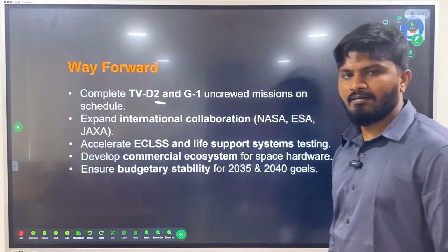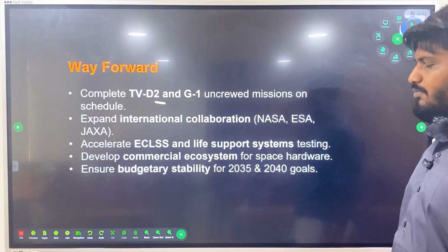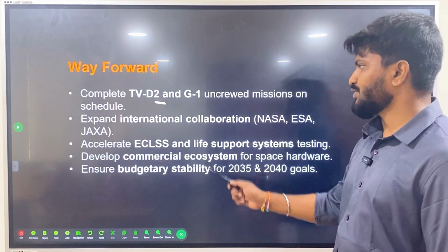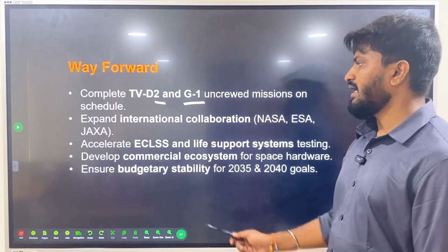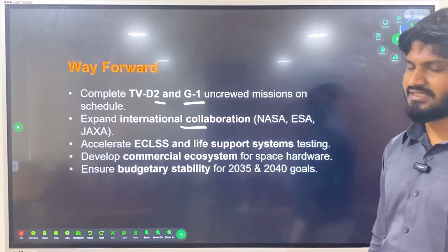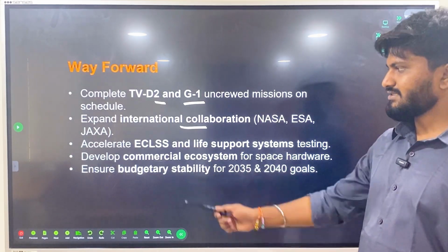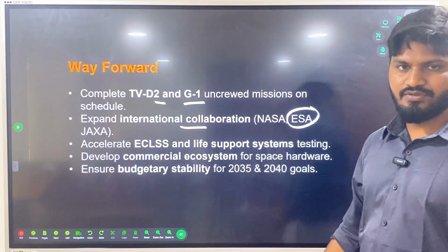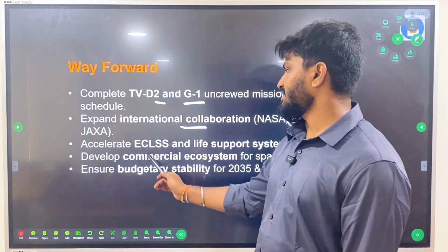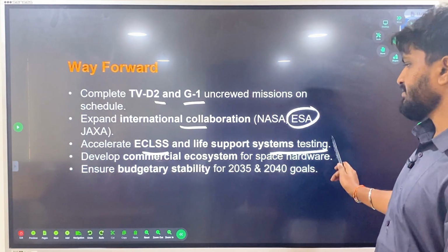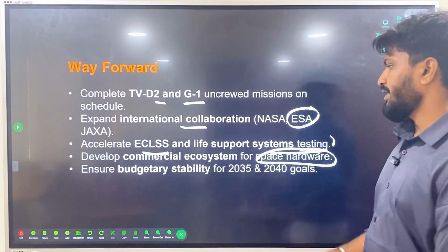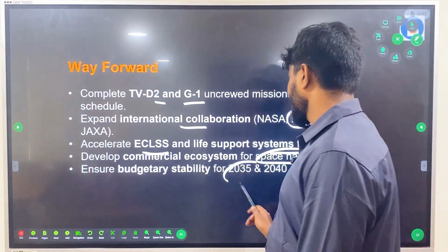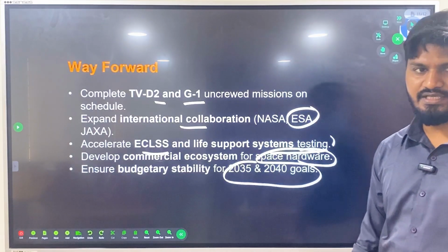Way forward: complete the test vehicle abort test 2 as soon as possible, and the G1 uncrewed mission as soon as possible, and expand international collaboration with NASA, ESA, and JAXA, that is Japanese, and ESA is European. Then accelerate ECLSS and life support systems testing, develop a commercial ecosystem for space hardware, and also ensure budgetary stability for the 2035 and 2040 goals. So there are no delays anymore.